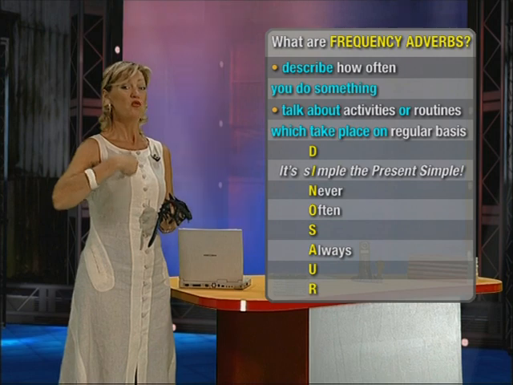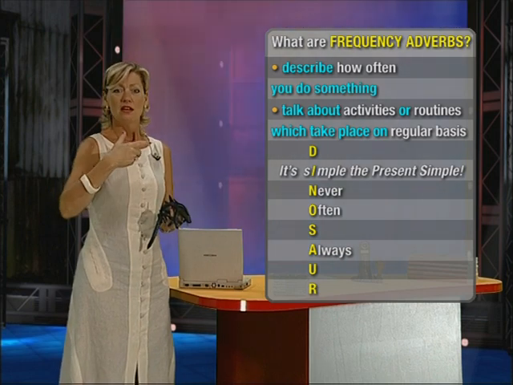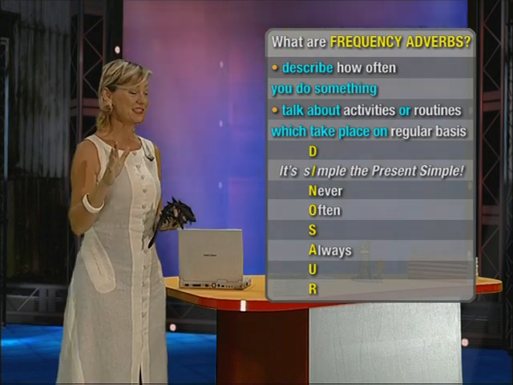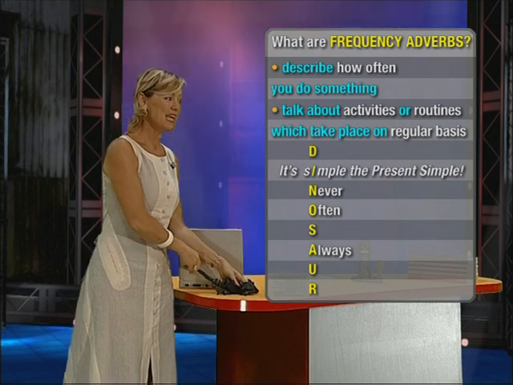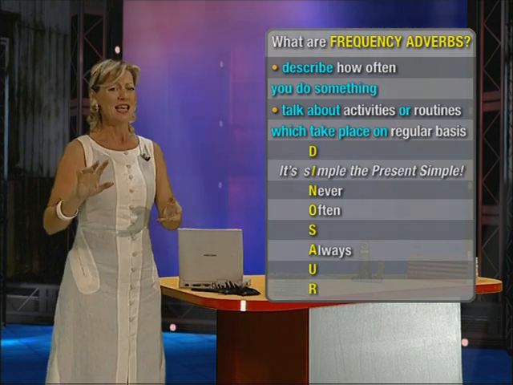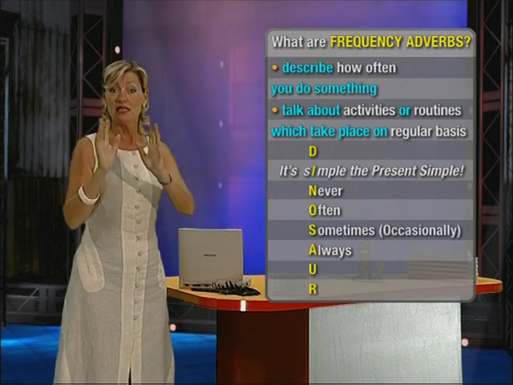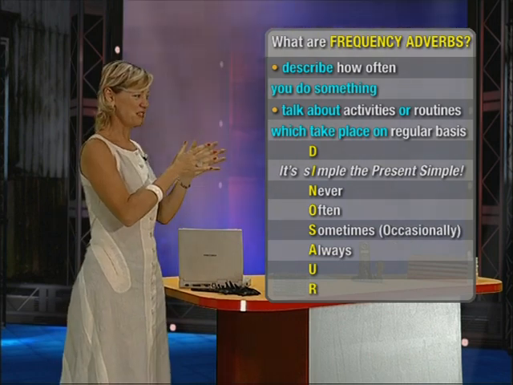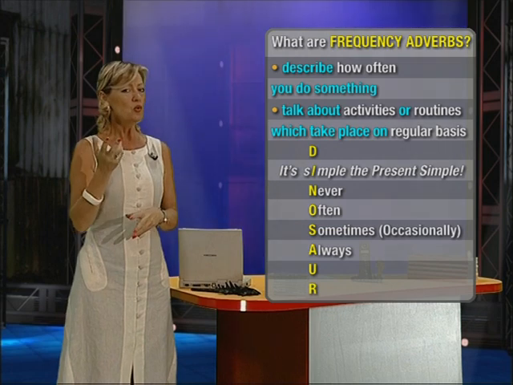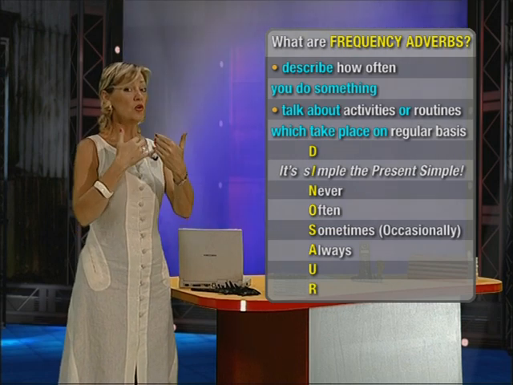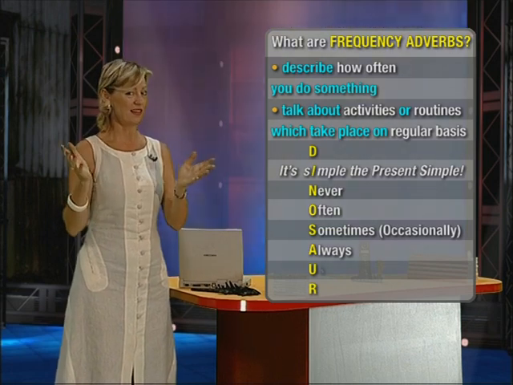Something that you do a lot. A is always. Good. What about S? S is sometimes. Very good, sometimes. Now, U is for usually.